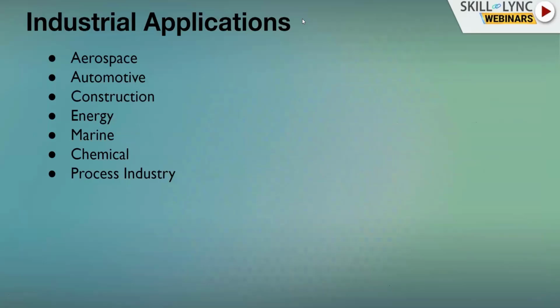So just to bring the full slide. On the industrial applications, a lot of industries use CFD, as shown here. Aerospace. It all started with the aerospace industry and automotive.